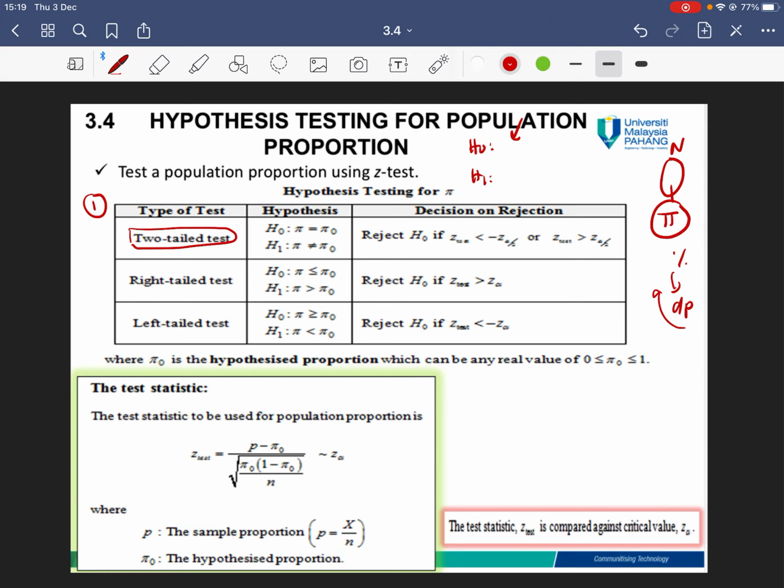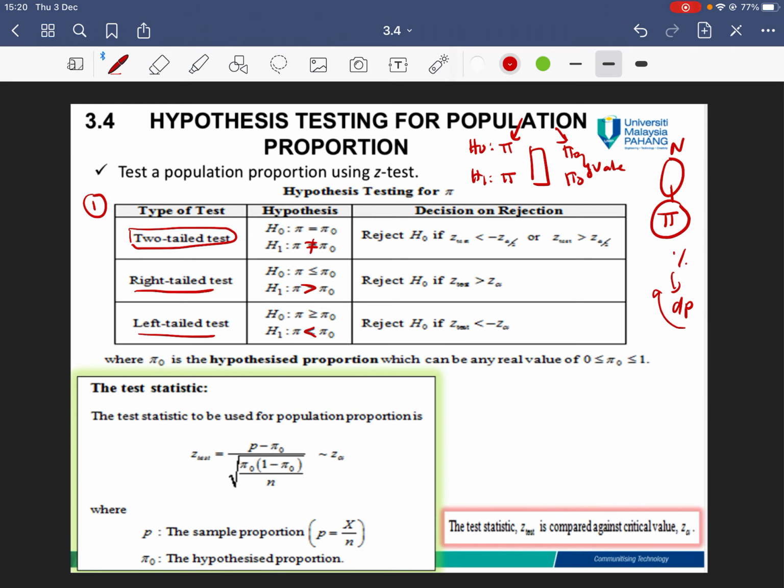Now we talk about pi, so here must be pi. On the right hand side is the value, pi naught. Pi naught is the value. At the center here will be the symbol. If your H1 is unequal, it is a two tail. If your H1 is greater than, it is a right tail. If your H1 is less than, it is a left tail.